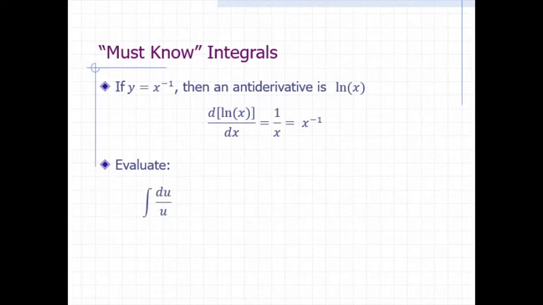We can write du over u as 1 over u times du, or as u to the negative 1 times du. Therefore, the indefinite integral is equal to natural log of u plus c. Note that since our integration variable is u, the indefinite integral should be a function of u.